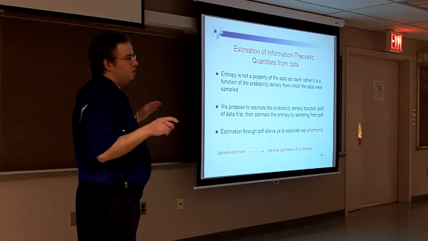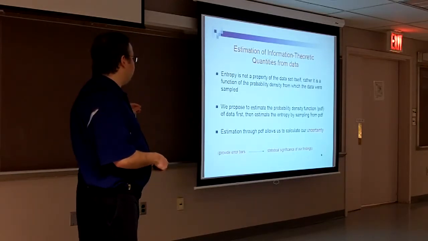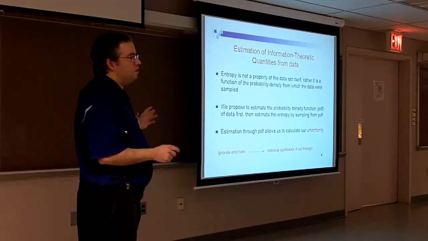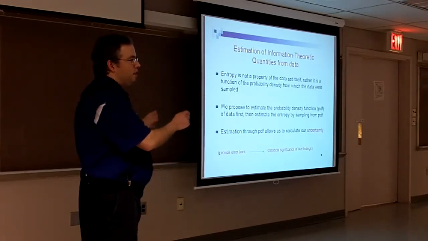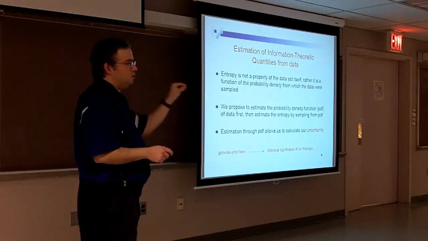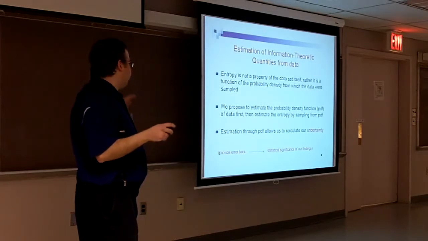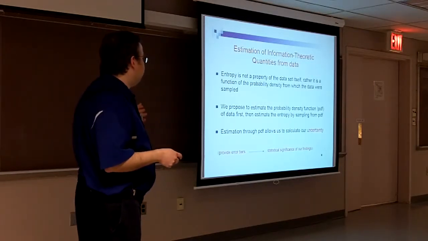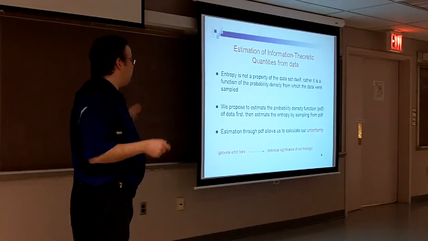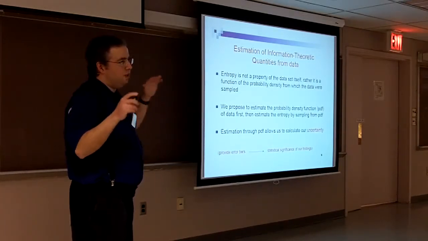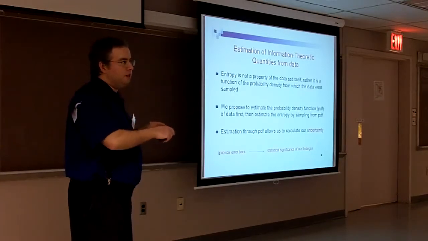So we can provide the error bars, thus provide the statistical significance of our findings in the most true way. So we're not dealing with point estimates. We're dealing with PDFs. So we prefer using Bayesian methods, and that's why we're estimating the PDF first, and then using the PDF, we estimate the entropy.